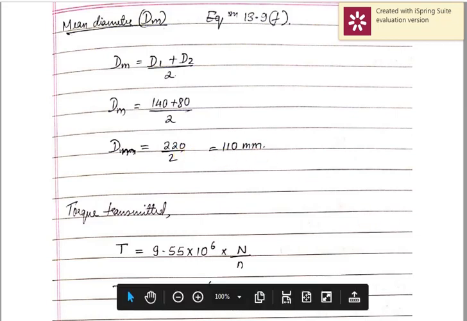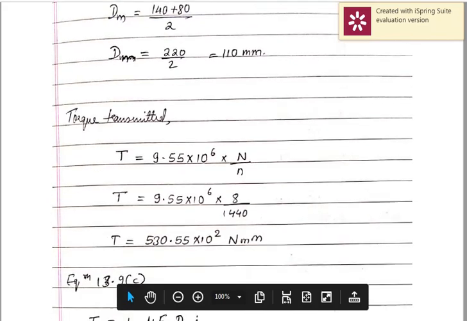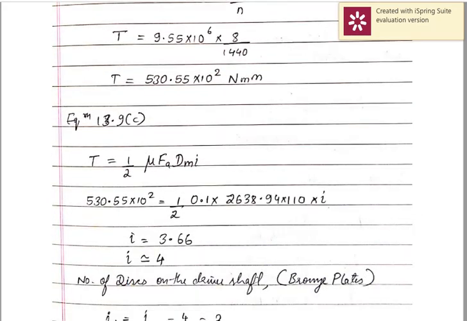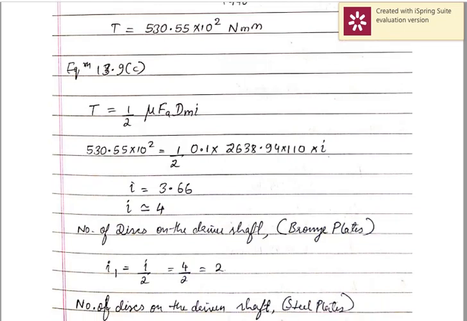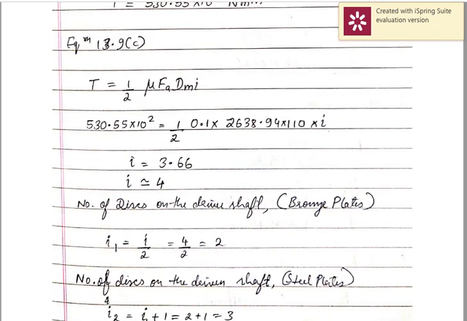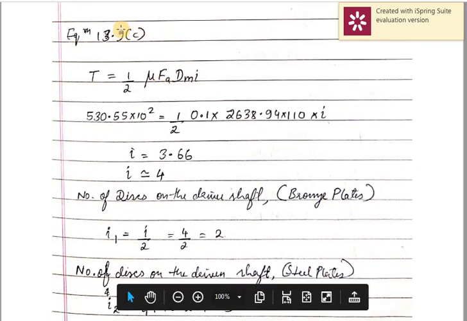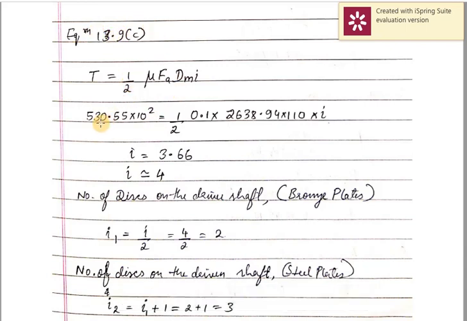Substituting these parameters in equation number 13.9e: T value as 530.55 into 10 raised to 5, 1 by 2 as it is, coefficient of friction as 0.1, axial force we have calculated as 2638.94, mean diameter 110, and active surfaces I as it is.